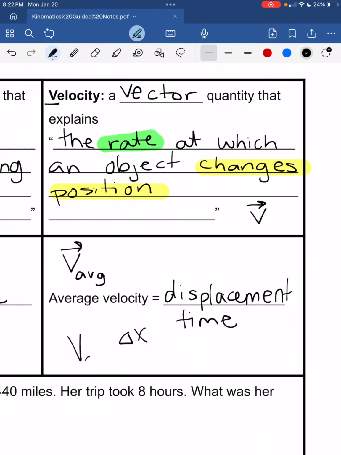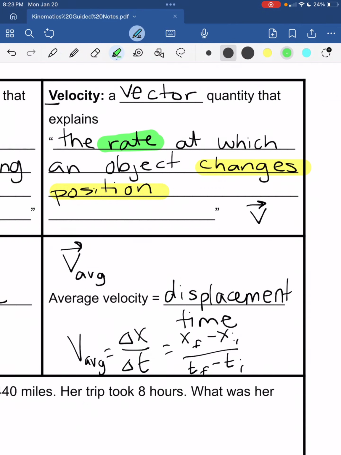So V average equals the change in displacement, so the change in position, divided by the change in time. And we also said that anytime we see this delta x, it's x final minus x initial. And we can do the same thing for time, final minus initial. Now, a lot of times your initial time here is going to be 0, and that's because we're starting with 0 on our stopwatch, and then we would start the stopwatch and get some time final, and so final minus initial is just going to give us whatever that time is most of the time, but not always.